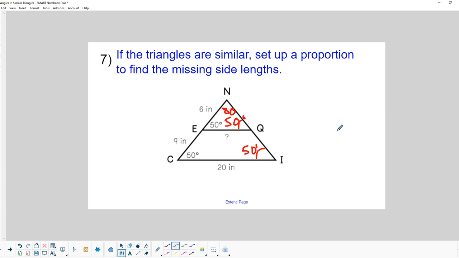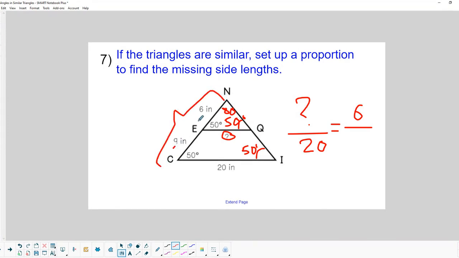So that means we can set up a proportion to find out our length. So question mark over 20, this number over this number, has to equal this little side up here, 6 over, now keep in mind this length right here is the big triangle, and it has to include 9 and 6, which is 15.